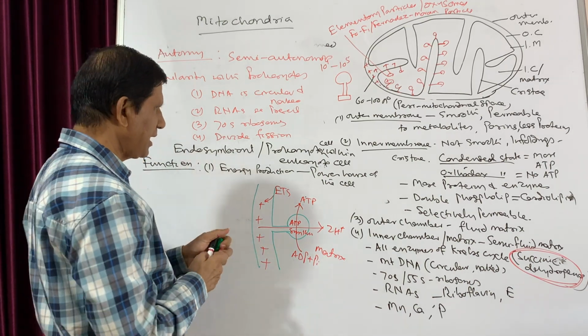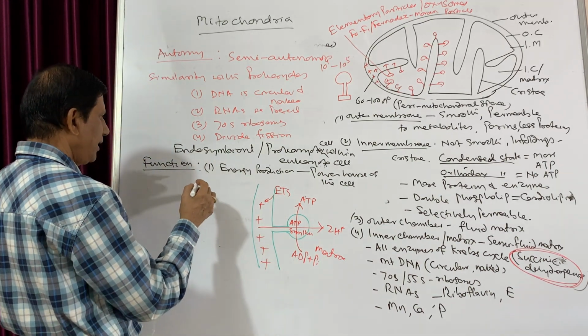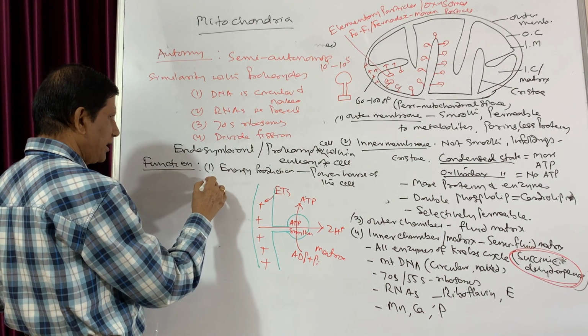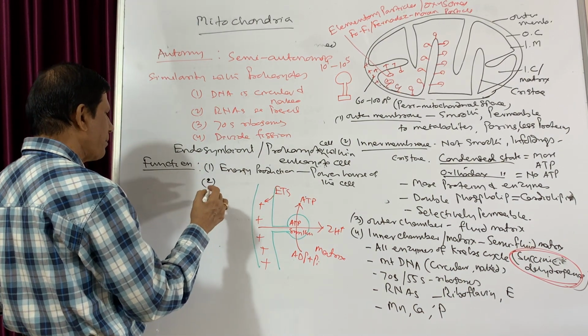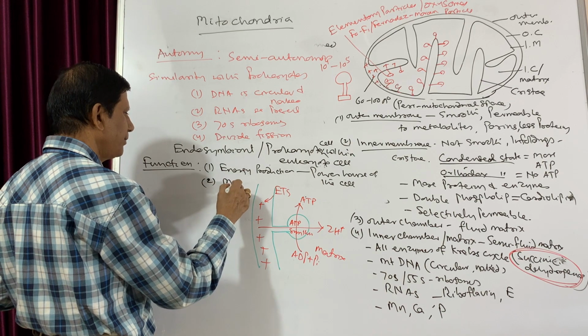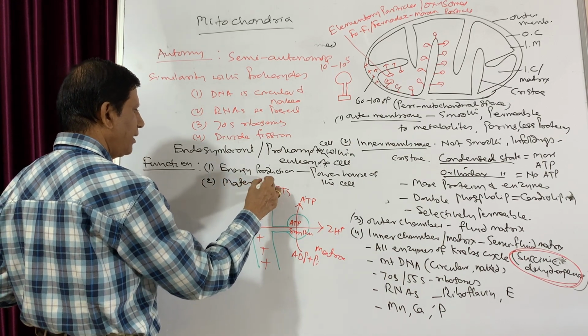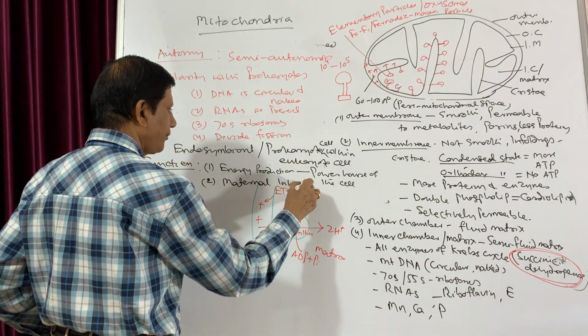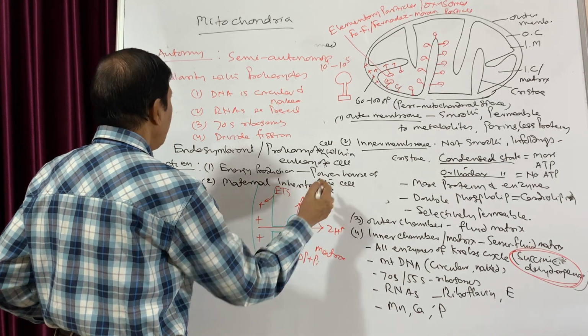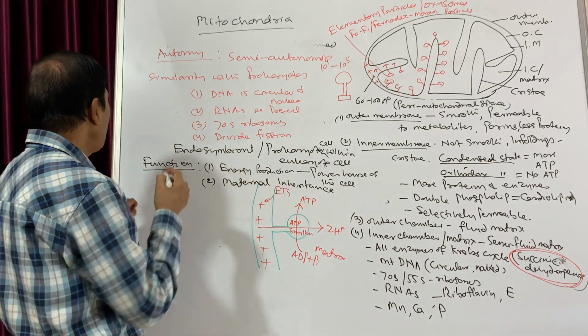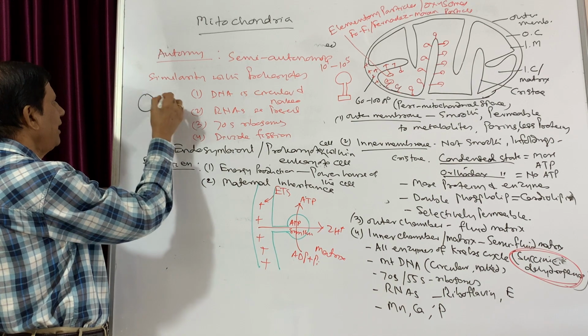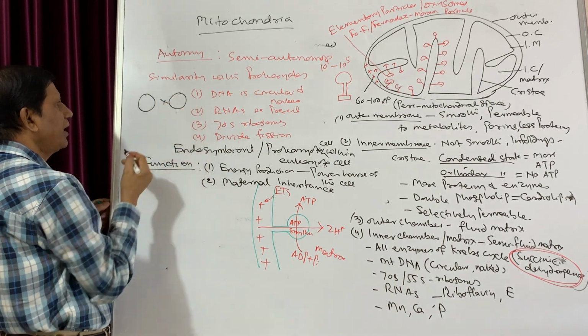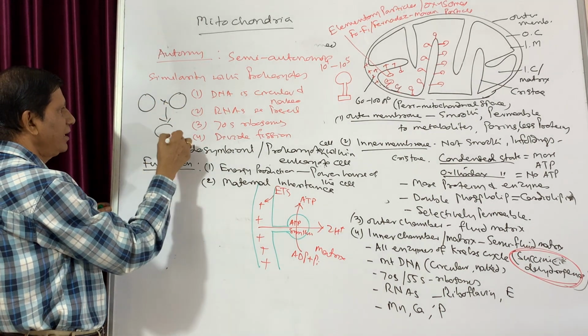In addition to this, there is another function: it is responsible for maternal inheritance. Usually what happens is the egg and the sperm combine together to give rise to the zygote.